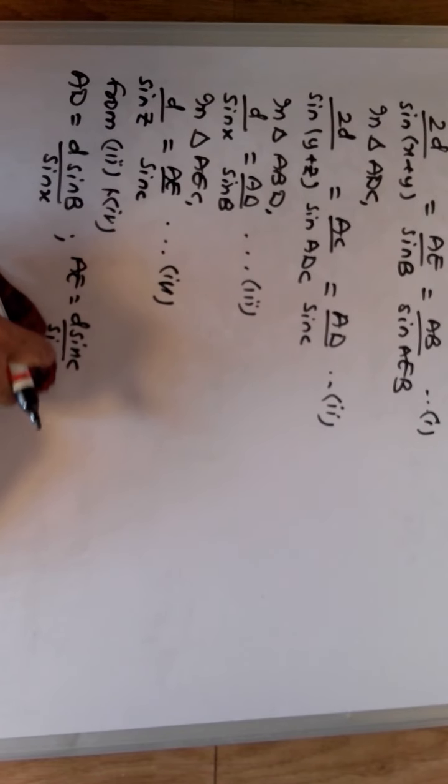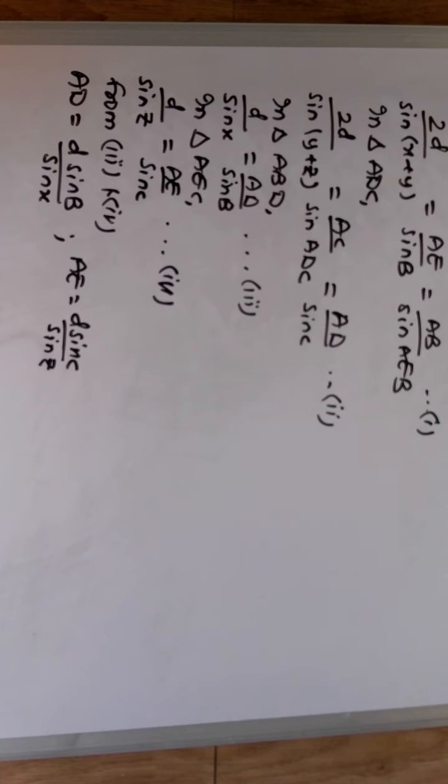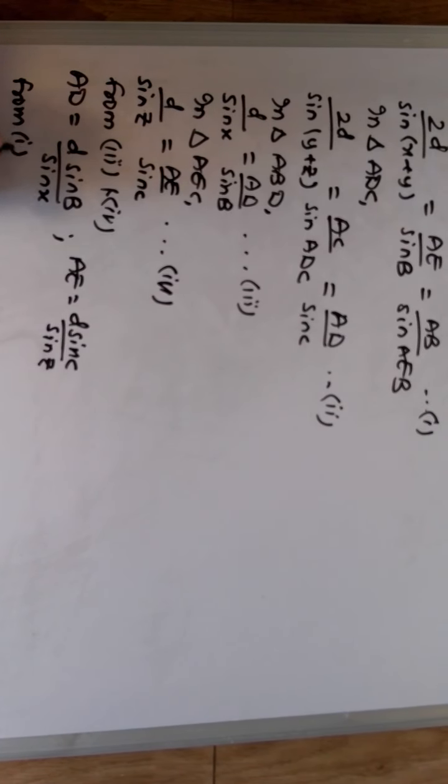So why not put this value straight away in AD and AE wherever it is there, right? So in the first part you have AE, right?